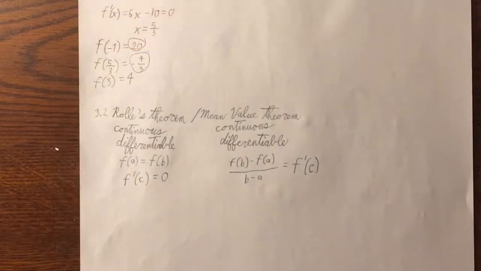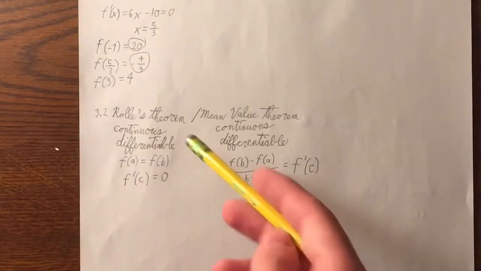Okay, so here we have Rolle's theorem and the mean value theorem. These two are quite similar, but they have some key differences. There are some conditions that need to be met to satisfy each of these theorems.